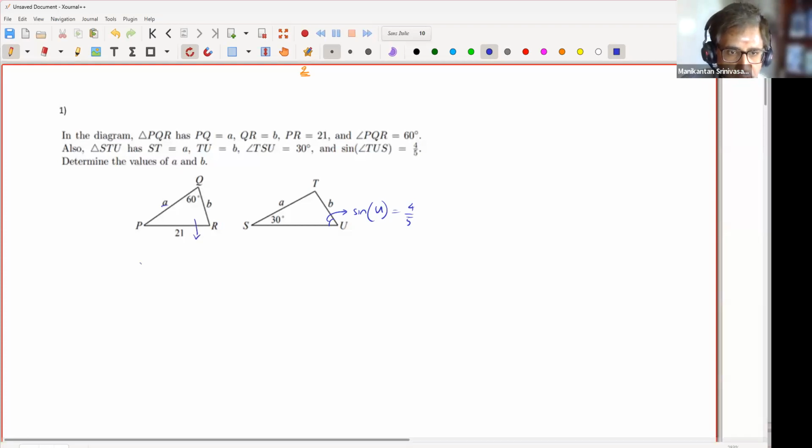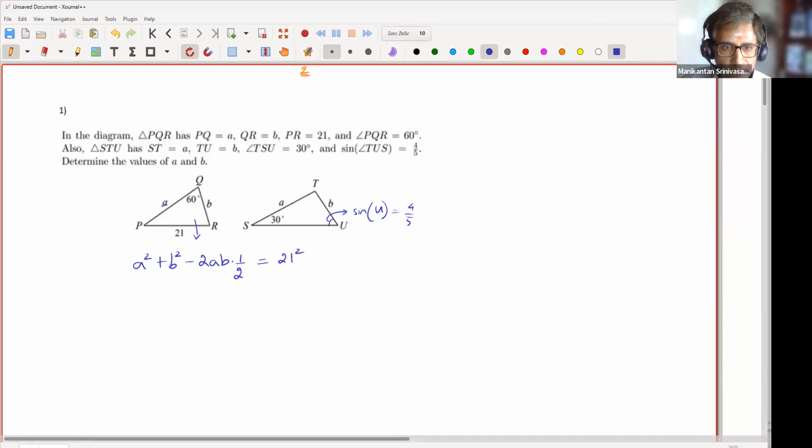Works well with the cosine rule here, right? So A square plus B square minus 2AB cos 60 equal to 21 square. Okay, we can actually do the sine rule also. It'll be easier. Yeah. Because you can do 4 by 5 upon A is equal to sine 30 upon B. So we'll get the relationship between A and B, but we don't know about sine of this one, no?